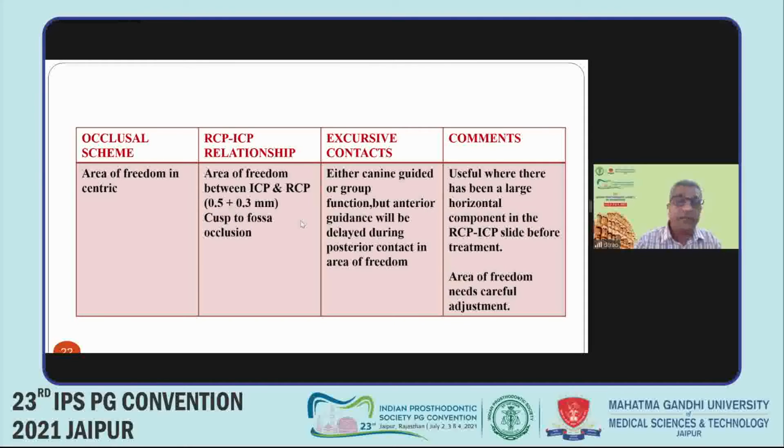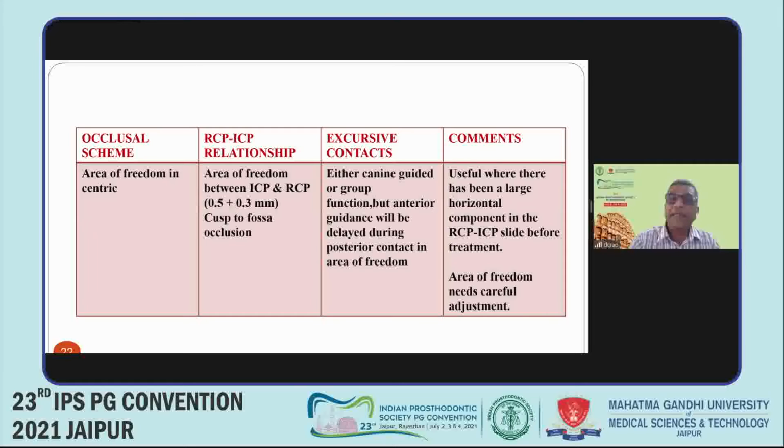The area of freedom has already been explained to you in the posterior occlusal scheme: when you are not definite, or when you see a condition where a slight amount of slide can occur, or when you do extensive restorations, you can modify the occlusal morphology of the teeth, where the centric holding cusp meets the central fossa of the lower teeth within a freedom. It is a small amount of freedom, just a modification of the occlusal surface in order to provide it.